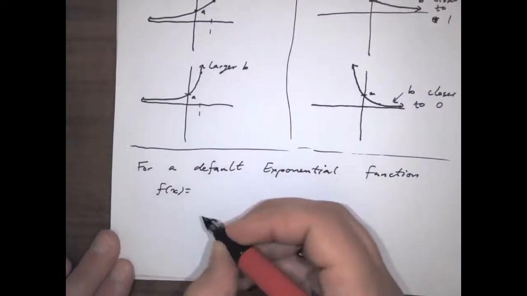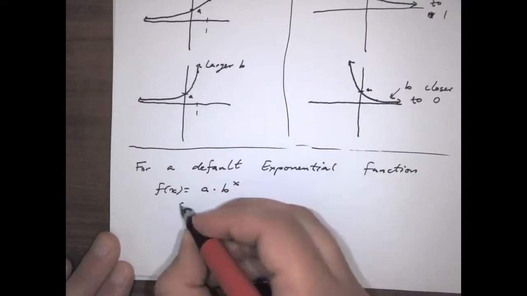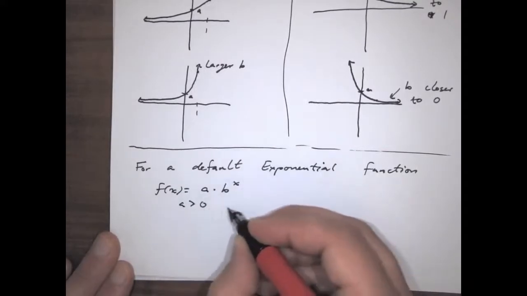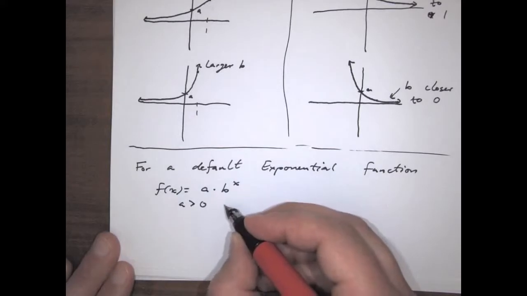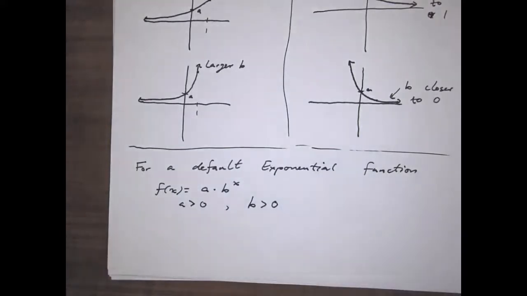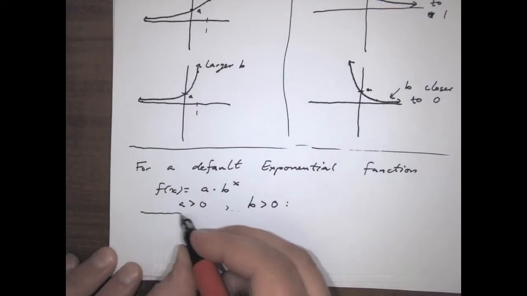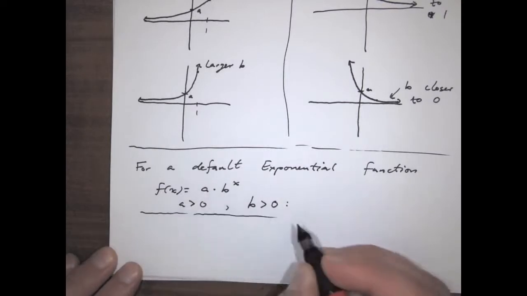f of x equals a times b to the x, where a is positive, and for that matter, so is b. That's always necessary on b. We have certain things that are always true.